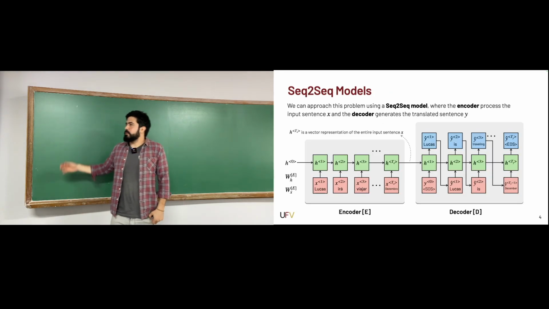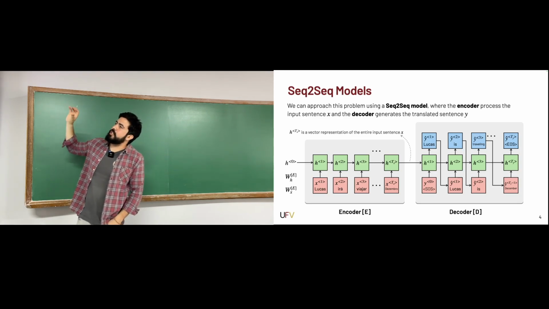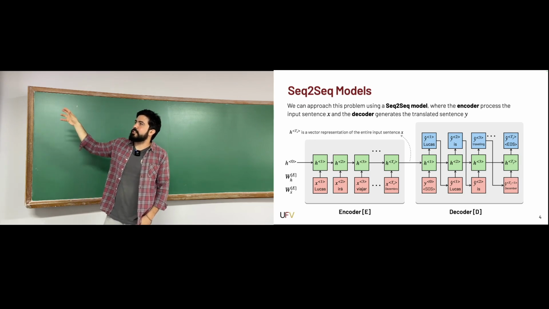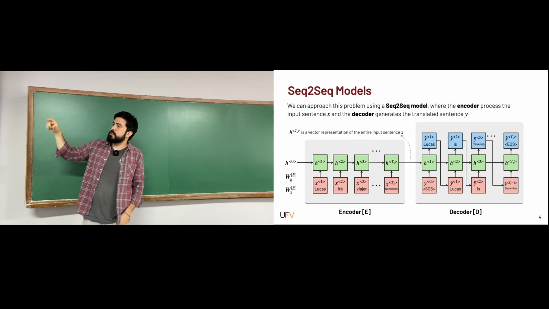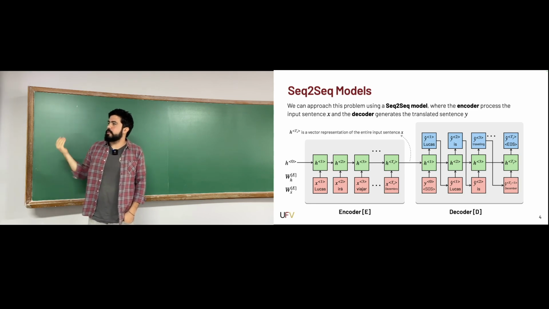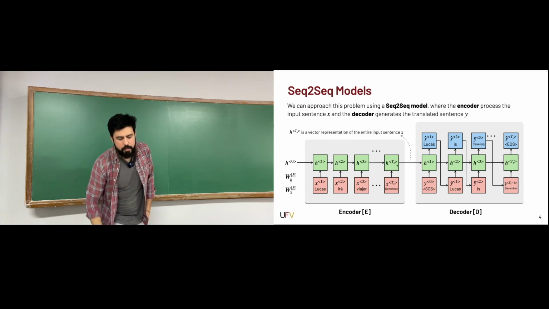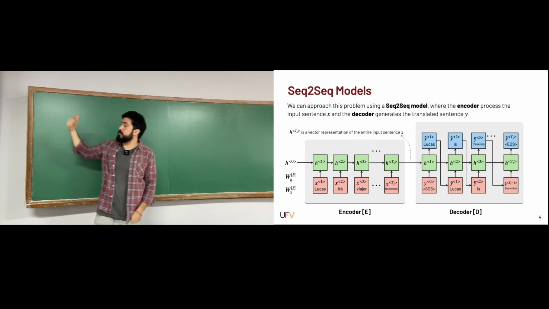We already talked about this a little bit, and we can use these seq-to-seq models to solve these problems, okay? So in the seq-to-seq models, we have an encoder and a decoder, and the encoder processes the sequence element by element, producing a hidden state at the end, h_TX, right? Which is used as a condition to the decoder model.